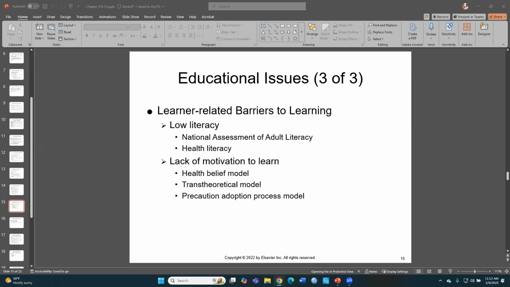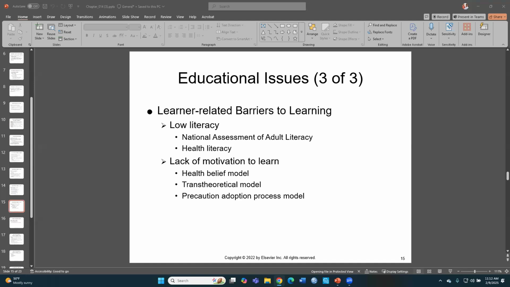Health literacy is the degree to which individuals have the capacity to obtain, process, and understand basic health information and services needed to make appropriate health decisions. And so when somebody does not have health literacy, these are people that may have a limited vocabulary and general knowledge.